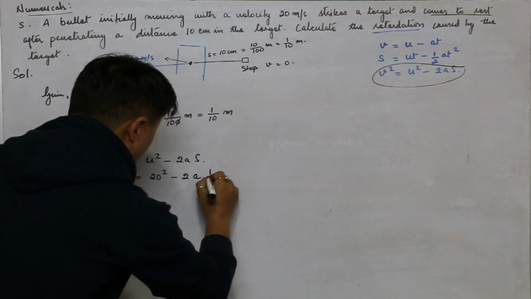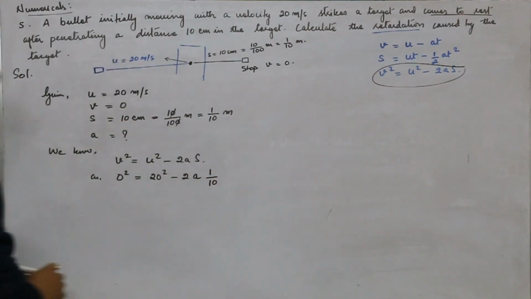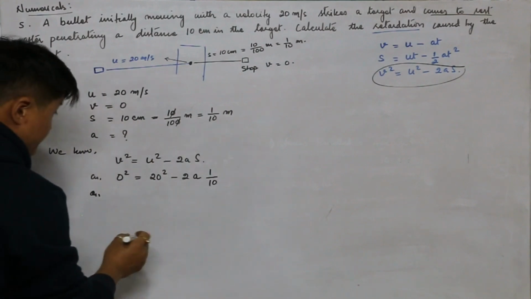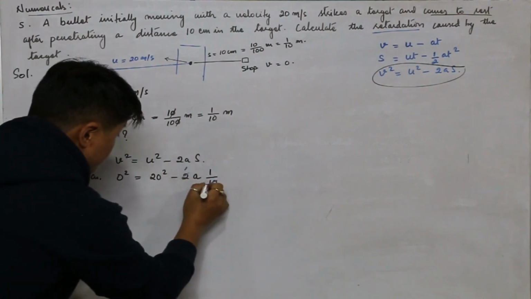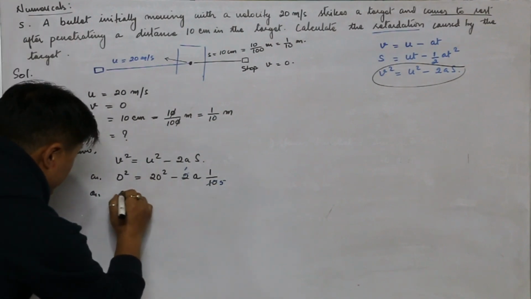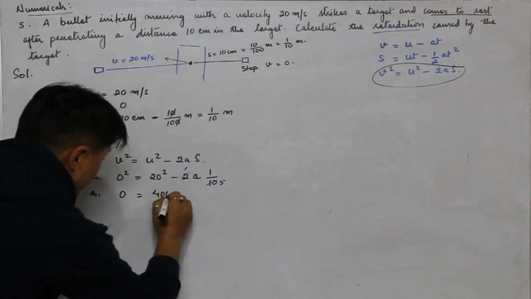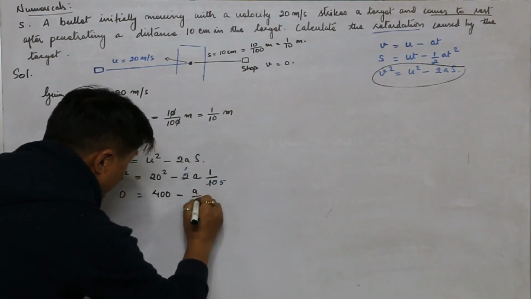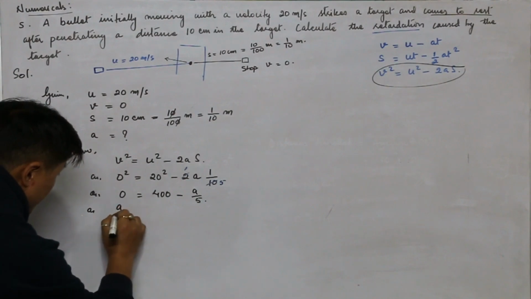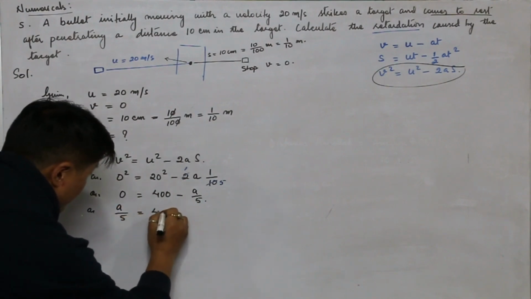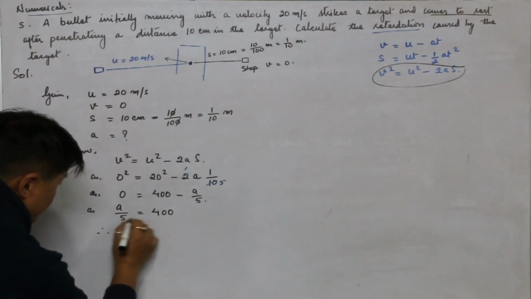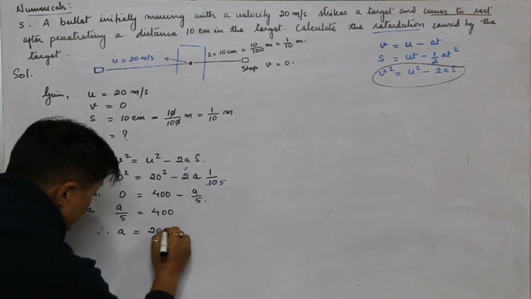Here 1 by 10. Clear? So this can be written as 2 ones are 2, 2 fives are 10. So we can write here 0 is equal to 400 minus A upon 5, or we bring this to the other side. A by 5 is equal to 400. Okay, therefore A is equal to 5 fours are 20, 0, 0.